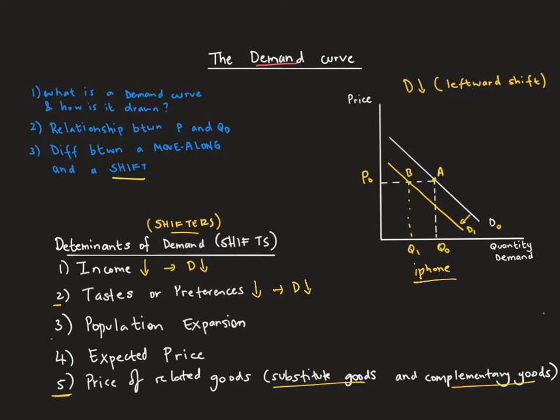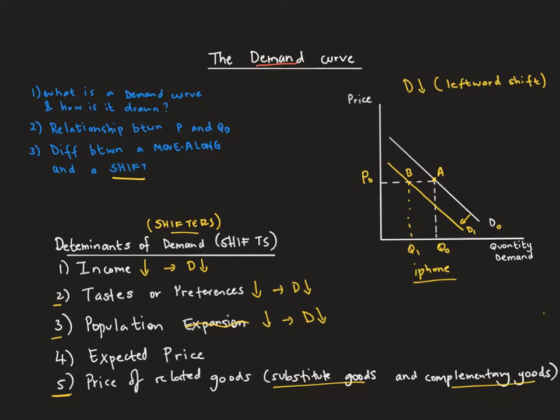Determinant number three, population expansion. Let's say, for example, a virus comes out and wipes out half of our population. That means that population won't go through an expansion anymore, but population decreases, causing a decrease in demand because there are that many fewer people demanding food, clothes, and any other product in the economy. The fourth determinant of demand is expected price.